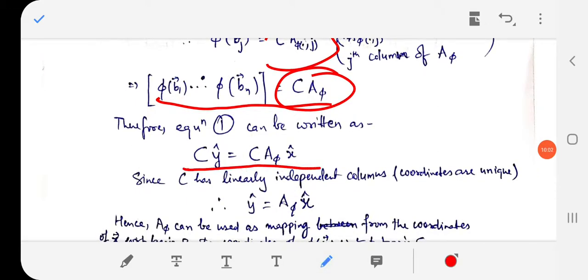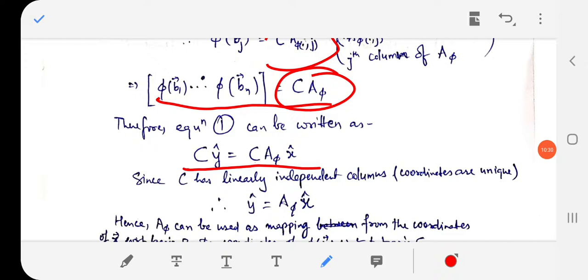Now, interestingly, C is a basis. And since C is a basis, all the vectors in C must be linearly independent. All the column vectors of C must be linearly independent. And since all the vectors are linearly independent, you do not have any free variable, and you have a unique solution of this system of linear equations.